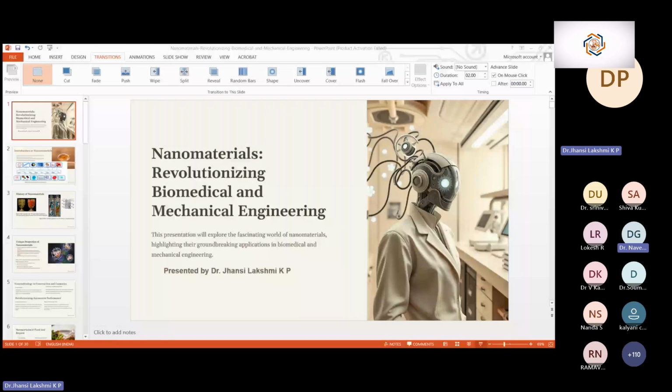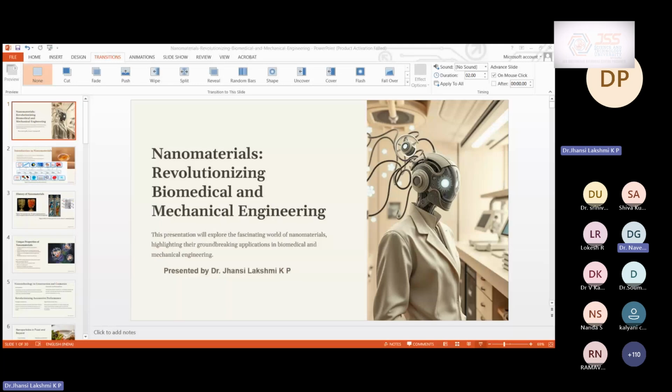As we were discussing, nanomaterials have unique properties. Why are these unique properties of nanomaterials observed? Because of their size and shape. What are those unique properties when compared to the bulk nature?